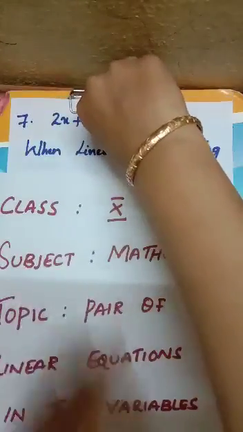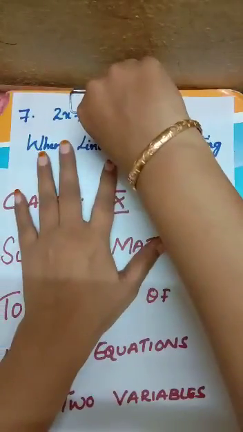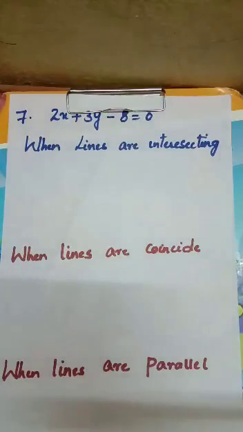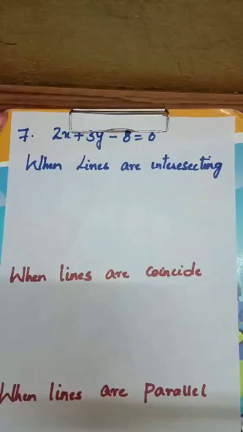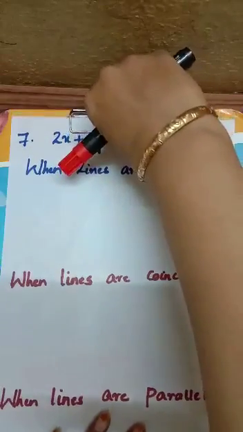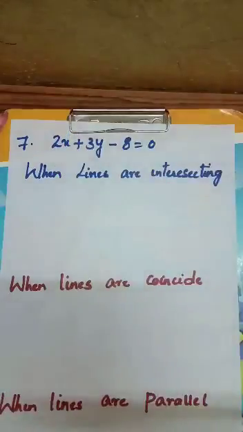When I am reading the question, I want you all to keep your textbook and look at it so that it will be much clearer. Seventh question: we have a linear equation 2x plus 3y minus 8 is equal to 0.